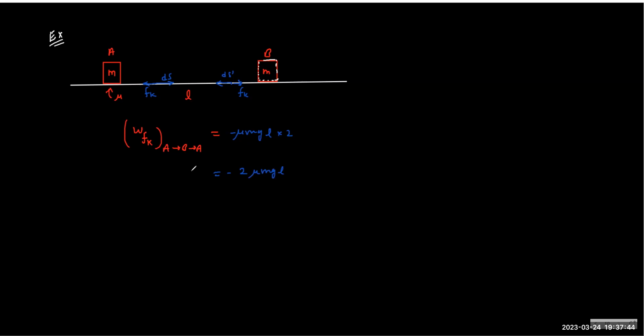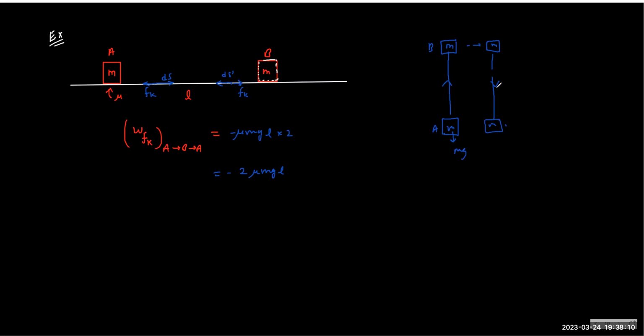Now, if I talk about the similar thing in case of gravity, let's say a block of mass m goes from here to here, A to B, and comes back. And my force is gravity.